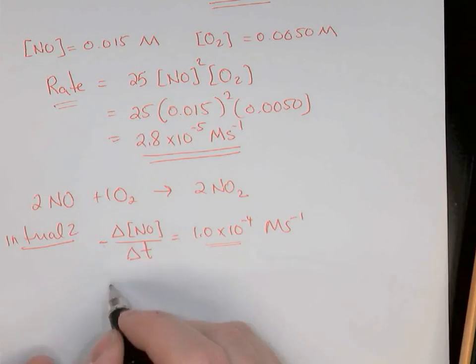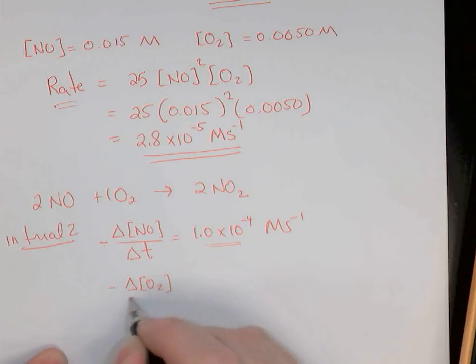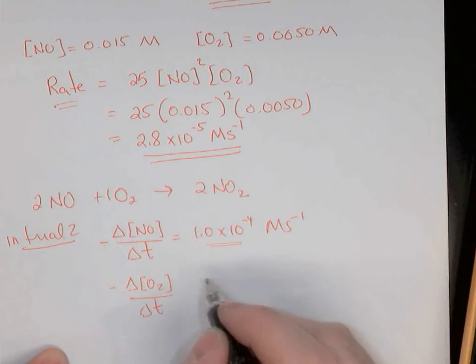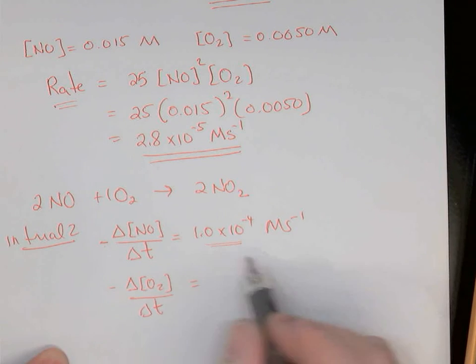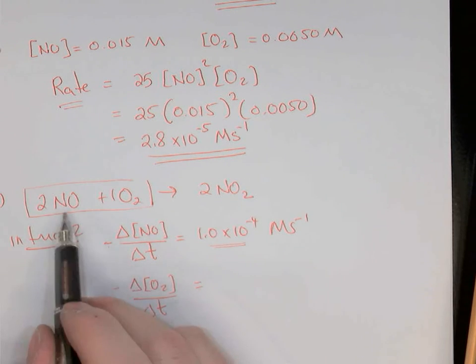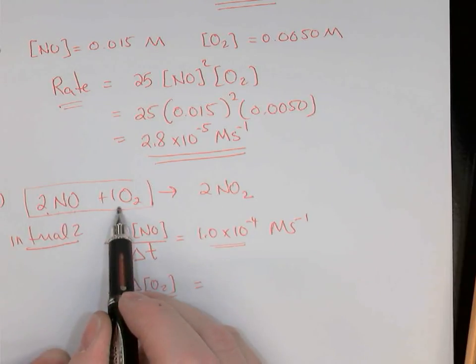The question was, what was the change in oxygen's concentration? What was its rate of change? So negative delta O2 over delta T, the rate at which oxygen was disappearing, what would it equal? The key is to look at the coefficients. Every time you had 2 NOs disappear, only 1 oxygen disappeared.